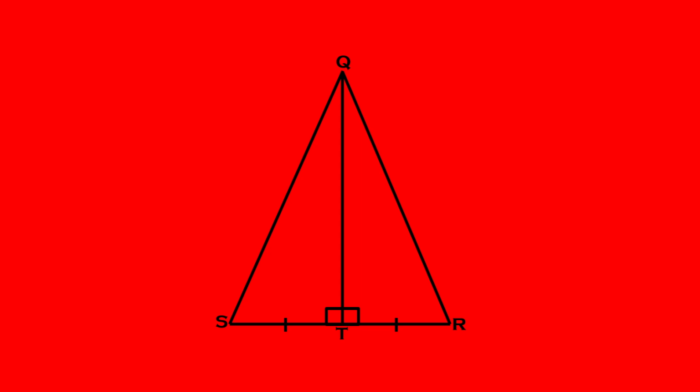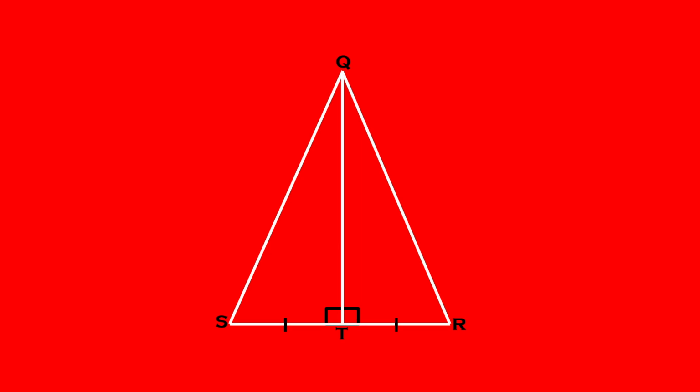If you manage to do that, then if you focus on the two small white triangles, you will have that line segment ST is equal to RT, then the angle STQ is equal to the angle RTQ, and segment TQ is common to both these triangles.